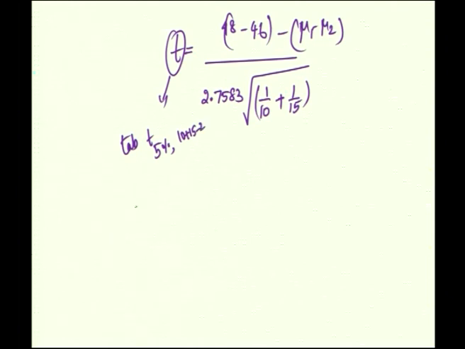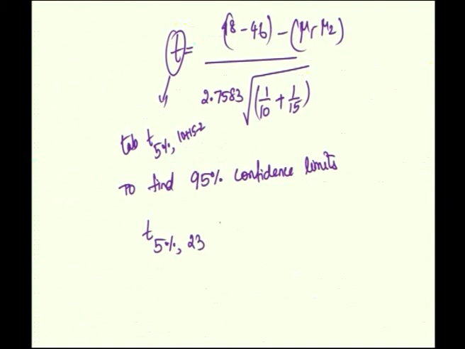So, writing it neatly, to find 95% confidence limits, t at 5%, 23 degrees of freedom is taken. 48 minus 46 is 2, minus of mu1 minus mu2.